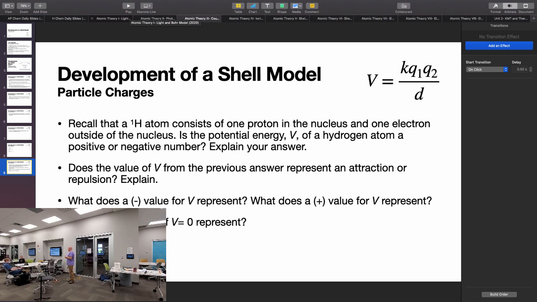The value for V is telling you how strong is that attraction or how strong is that repulsion. Now, the reason why I said magnitude is because if it's an attraction, it's a negative value, right? So as you bring those two magnets closer and closer together, V is getting more and more negative.